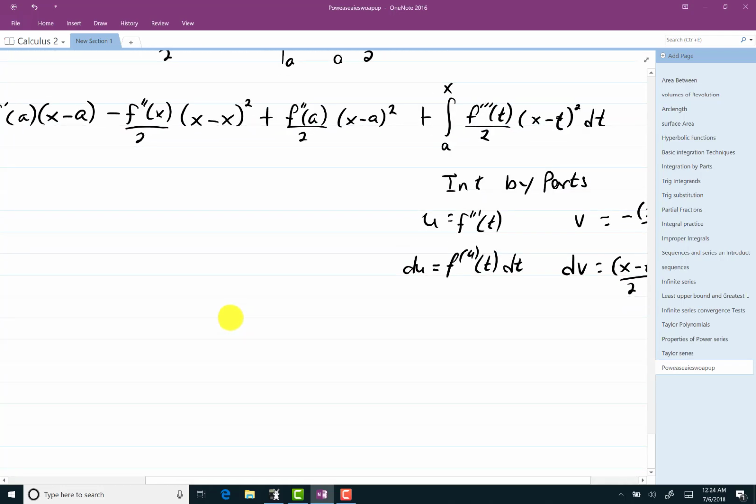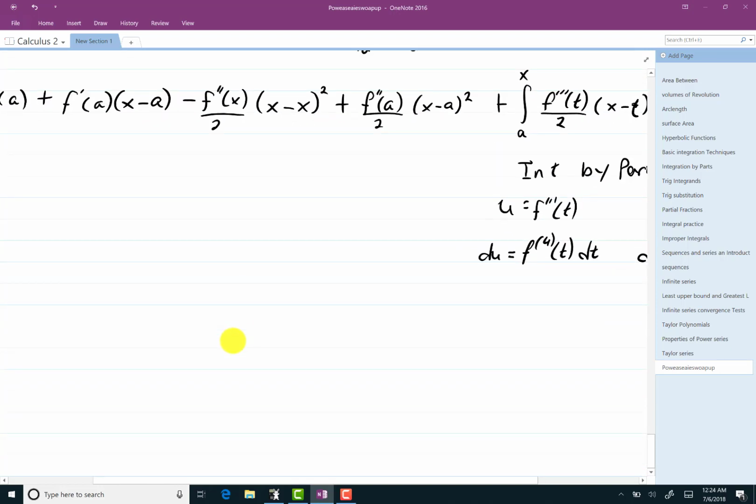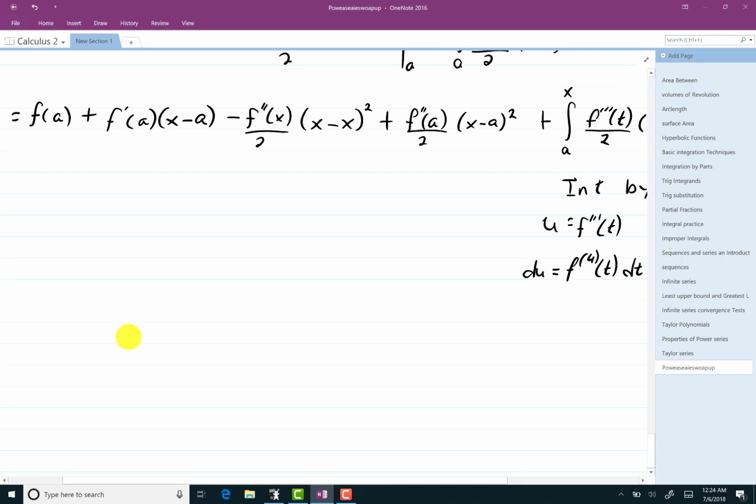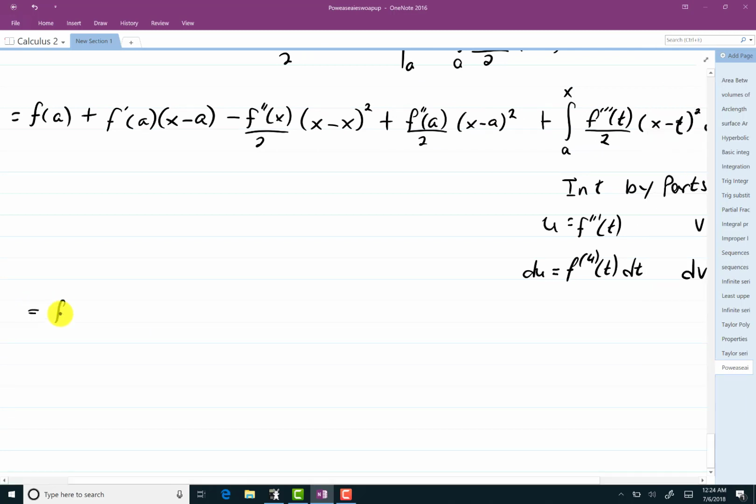So then I can rewrite this again, see how much I can get on one page. This will equal f of a plus f prime of a times x minus a minus f. Now notice here, x minus x is 0, so that cancels. That just zeros out. But you'll have this part still.